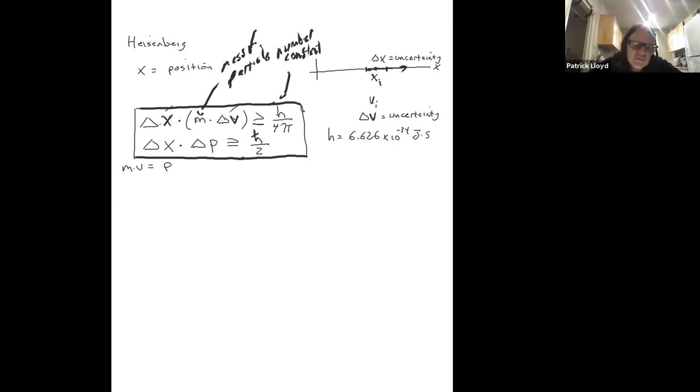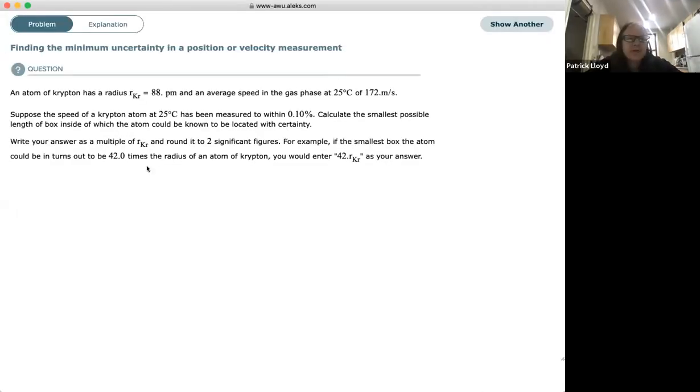Now, the problem you're going to do typically has units as an issue as well. So let's come over here and look at this problem. Finding the minimum uncertainty in the position or velocity. Just as I said, you're going to find one or the other. An atom of krypton. So this is not an electron here. This is an atom.